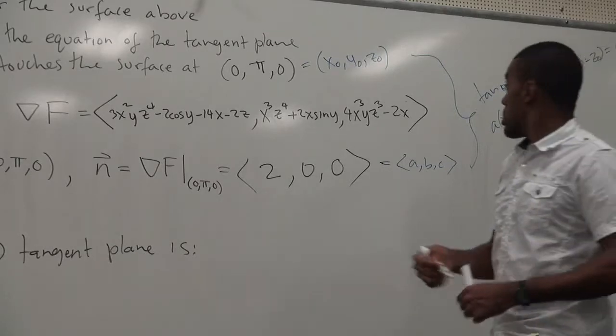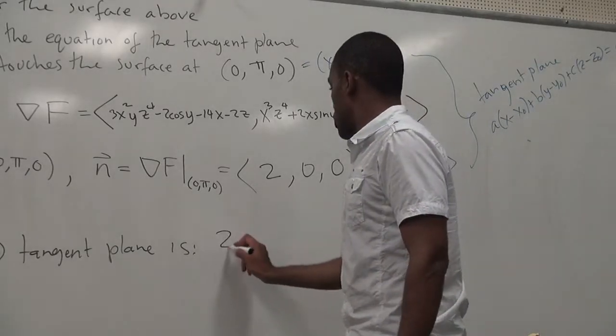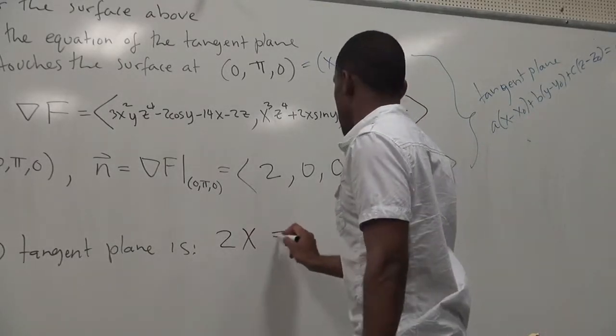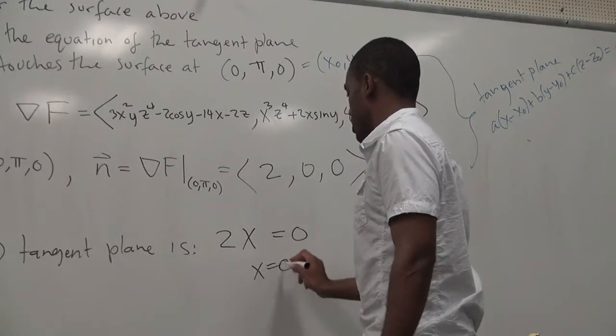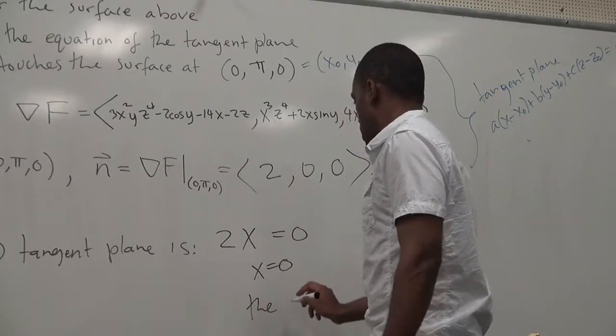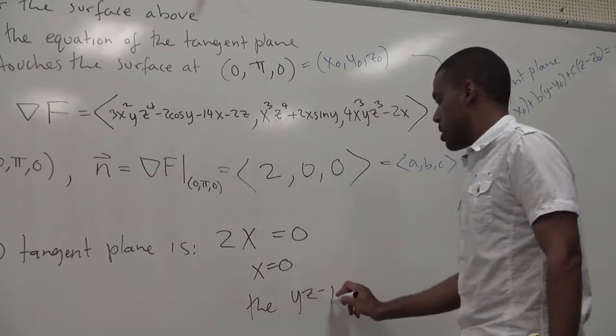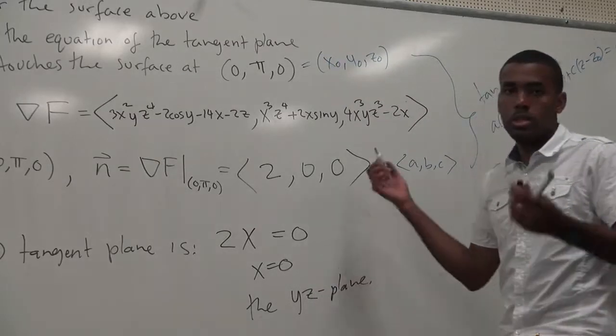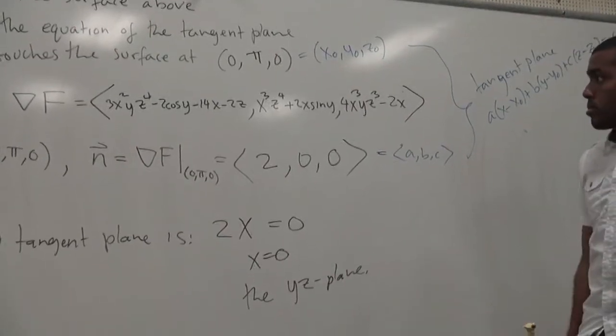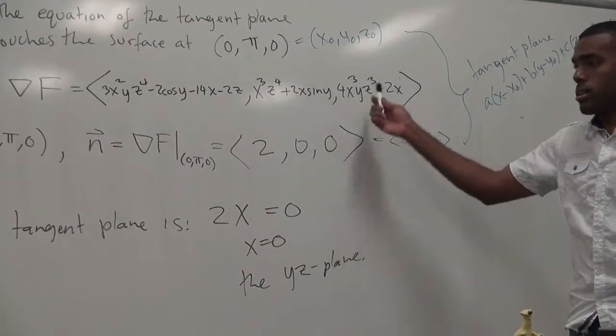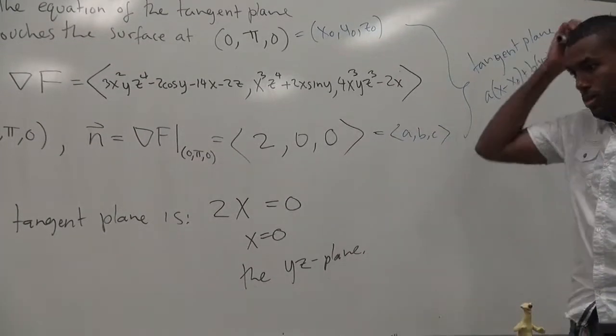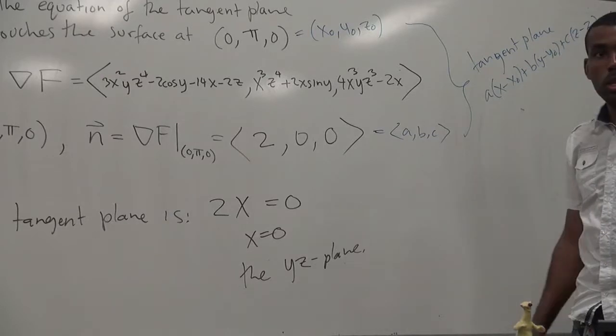And so here it'll just be 2x equals 0. So literally the plane x equals 0, the YZ plane, is actually the tangent plane. Usually you have non-zero numbers, but I just made this up as easy numbers.